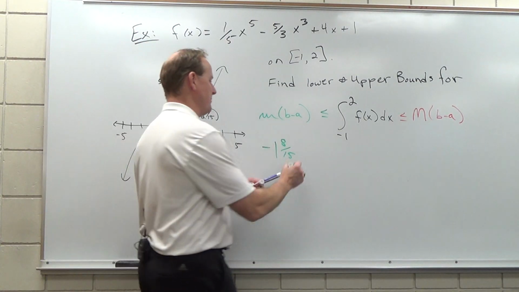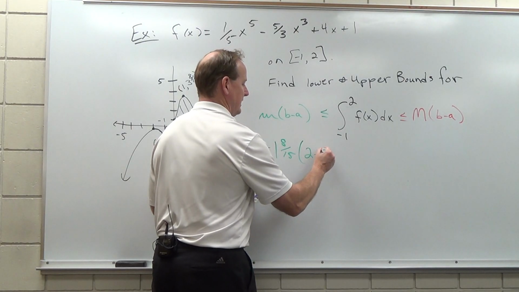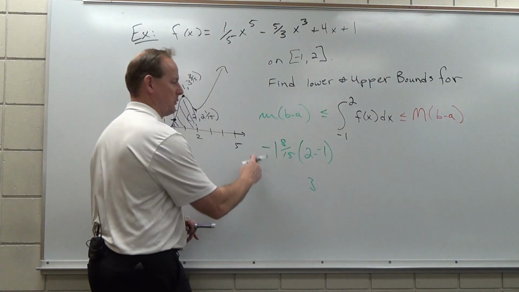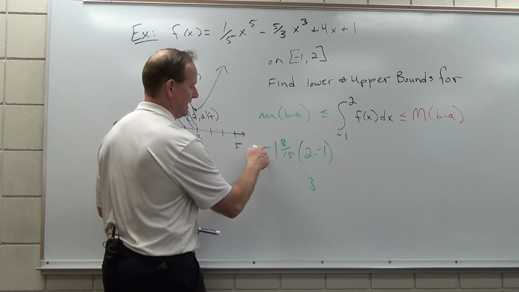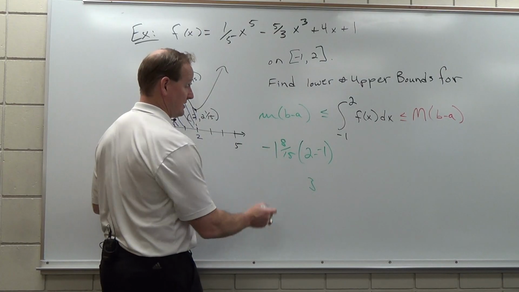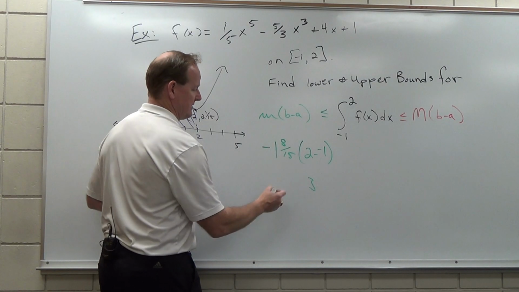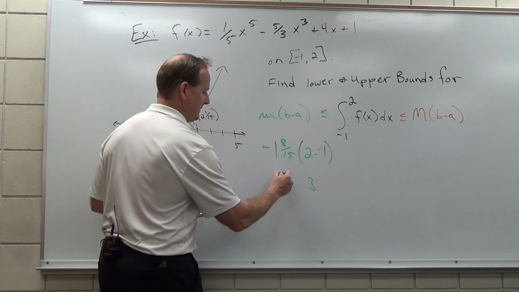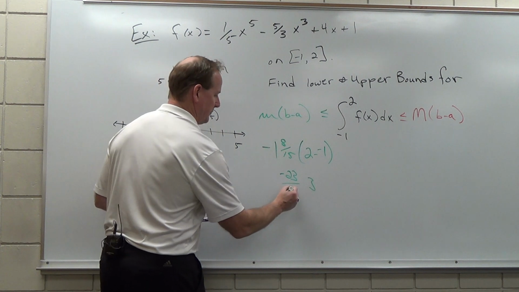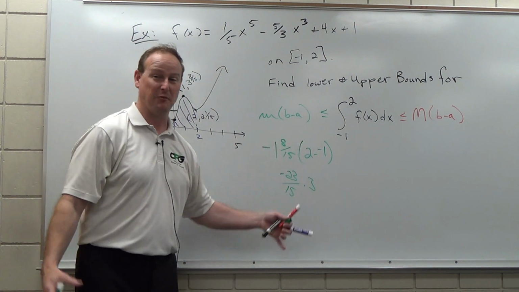So anyway, b minus a in this case would be 2 minus -1, and 2 minus -1, of course, is 3. And so I'm going to simplify this a little bit. This is -15 plus 8, or rather -15 minus 8 is -23, right? Well, it's 23, but it's going to be a negative number. So -23/15 is -1 and 8/15.